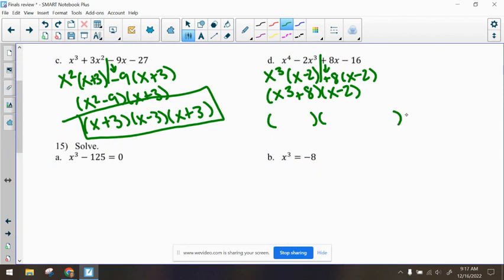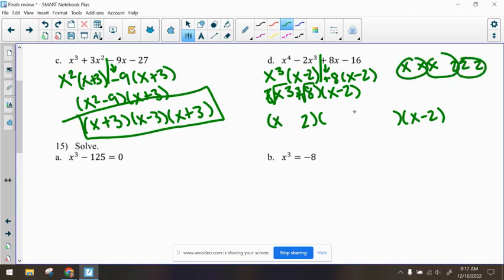If I want to bring that extra x minus 2 down now so I don't forget it, that might not be a bad idea. The cube root of x cubed is x. Cube root of 8 is 2. I'm going to list those out 3 times each to do circle SOAP. X squared, 2x, 4. Signs are same, opposite, always positive.